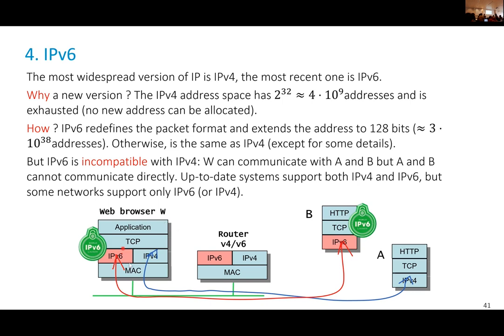Now, that's no big deal if you have both, which is true for all the systems in this room, which are probably IPv6 and IPv4 compatible, because your latest version of Apple software or Windows software, by necessity, will run both IPv4 and IPv6 here. But it's not true of any network.